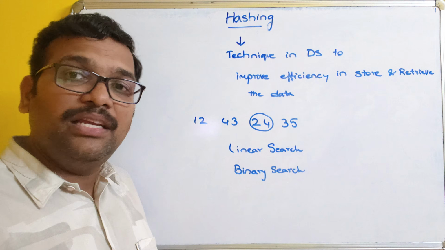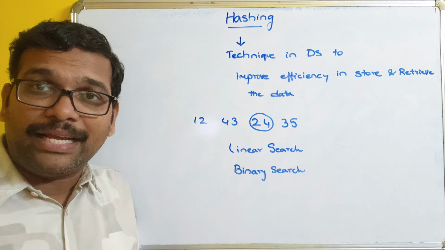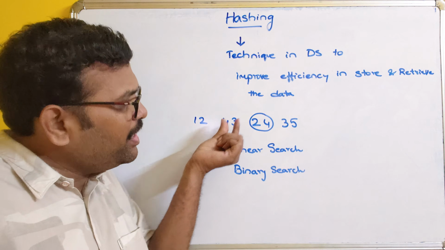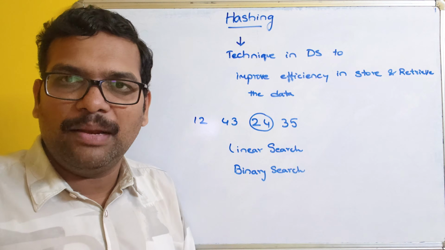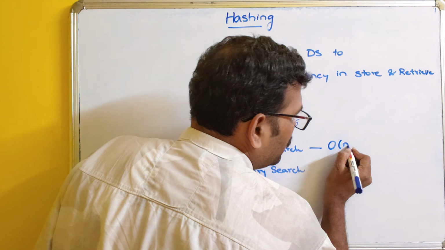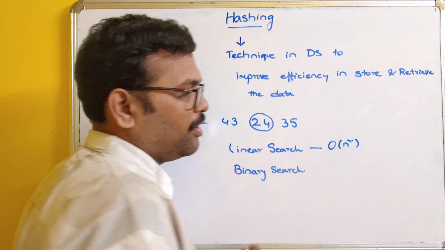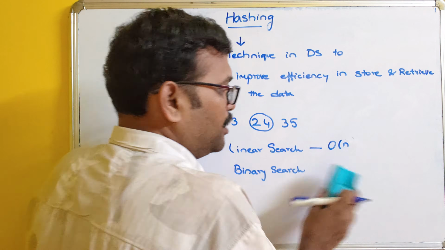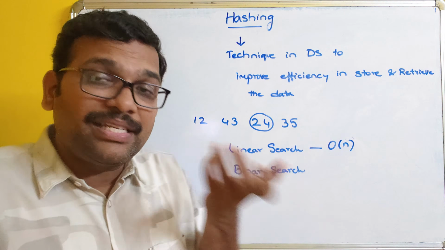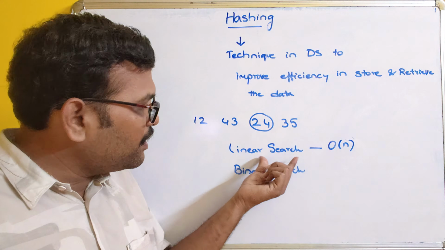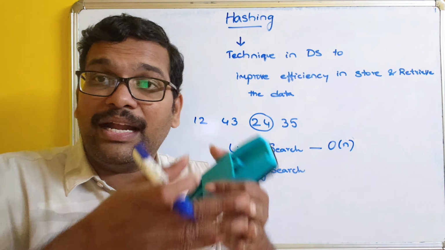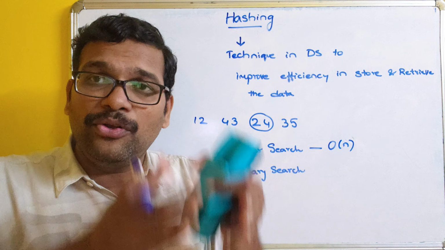If you are using linear search, irrespective of the technology, we have to check each and every element until we get that particular element. So the complexity will be order of n. Sorry, order of n. If there are n elements, the worst case complexity for linear search will be order of n. And in binary search, we divide the complete data into two halves.